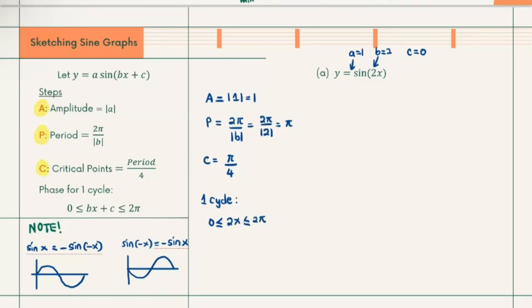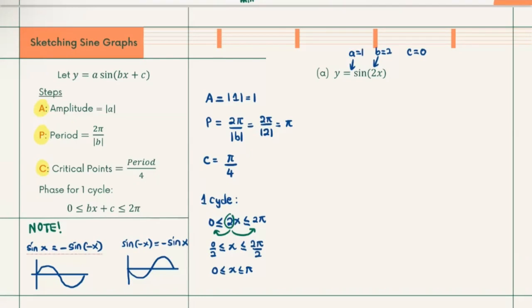And then kita akan rearrange supaya jadi x sahaja single. So bila pindahkan, kita akan dapat bahagilah ya. So 0 divided by 2 less than or equals to x, dan juga 2 pi we divided by 2, and here we have 0 until pi. Okay, so itu adalah location untuk our one cycle.